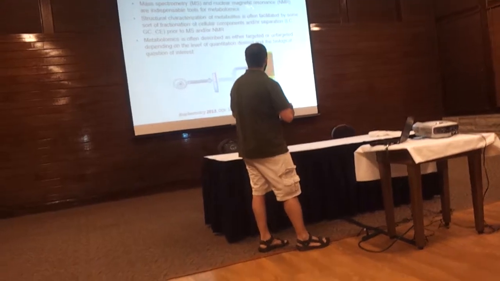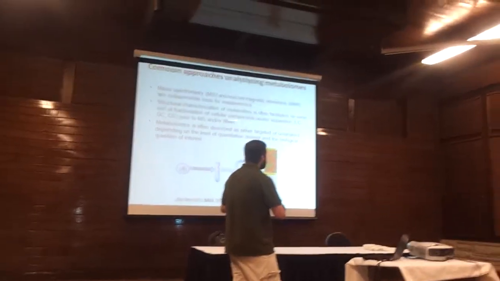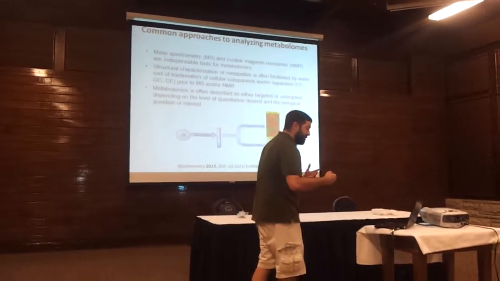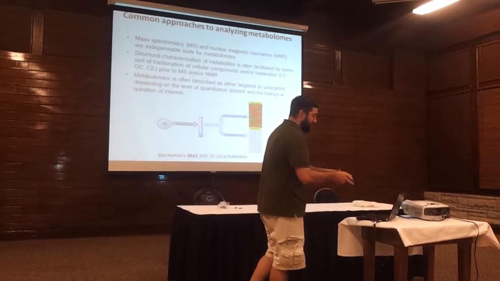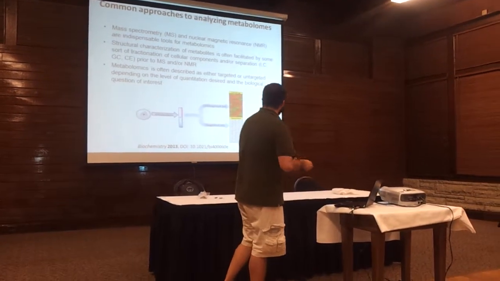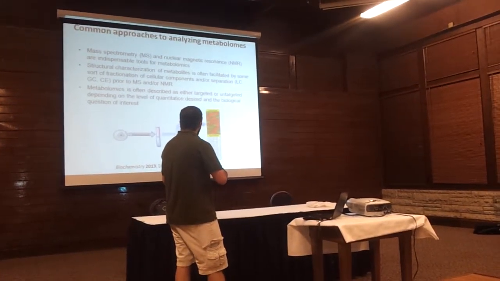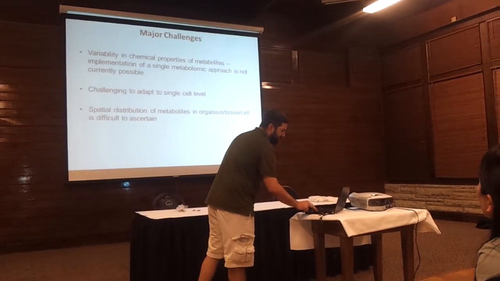We basically can't do metabolomics without these. Usually these analytical techniques are coupled to some sort of separation, because metabolomes are very complex chemically. So usually you have to fractionate in some way and analyze a certain sub-portion of the metabolome you're interested in. And there's two general types of metabolomics, untargeted and targeted, and we'll get into what those are in a minute. I'll give specific examples.